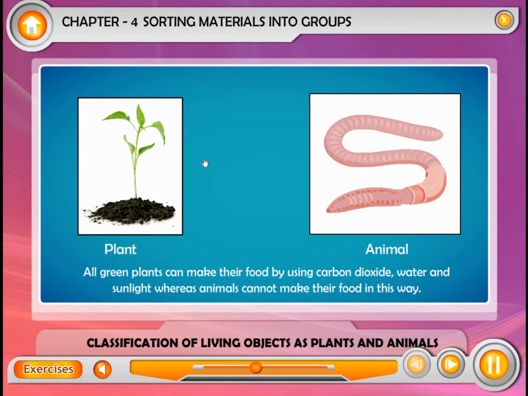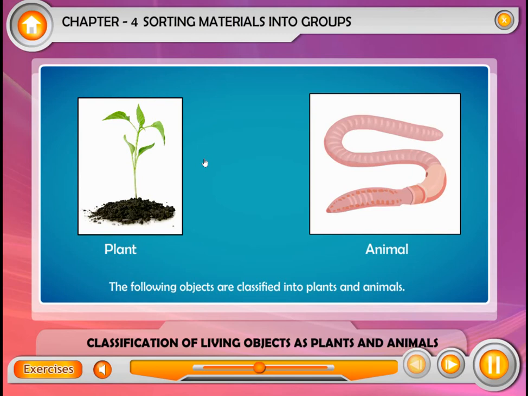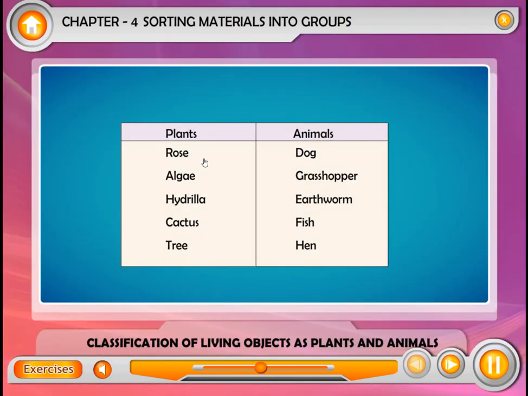All green plants can make their food by using carbon dioxide, water, and sunlight, whereas animals cannot make their food in this way. The following objects are classified into plants and animals. Plants: rose, algae, hydrilla, cactus, tree. Animals: dog, grasshopper, earthworm, fish, hen.